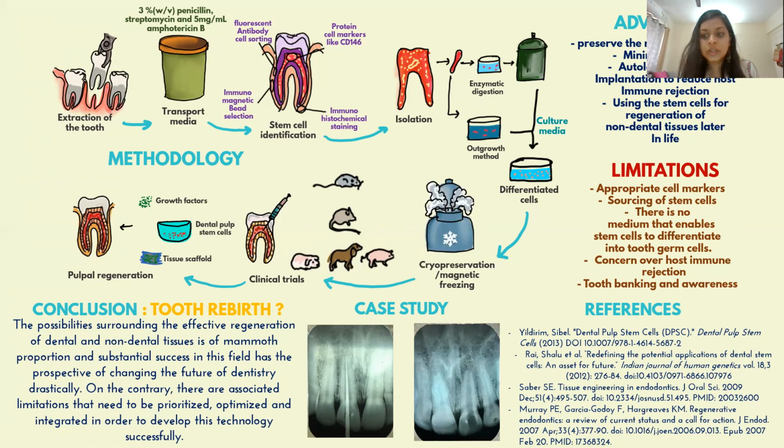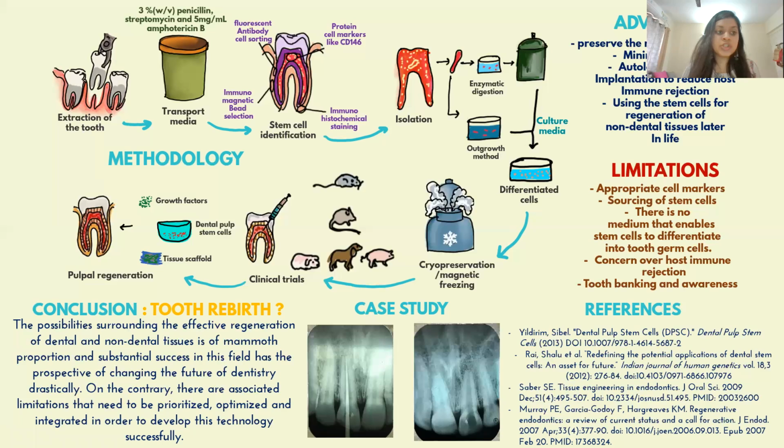Now, limitations. Firstly, appropriate cell markers are needed, and researches are still going on as to the exact cell markers that we can use. The sourcing of the stem cells is a big limitation. There is no medium that enables the stem cells to directly differentiate into tooth germ cells.